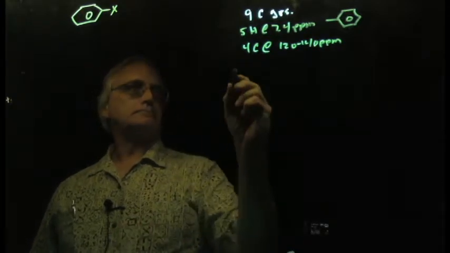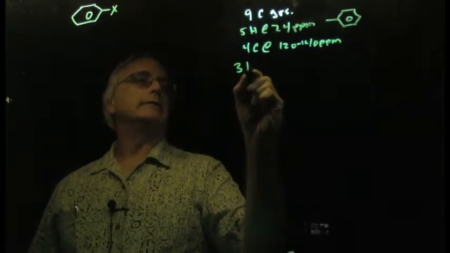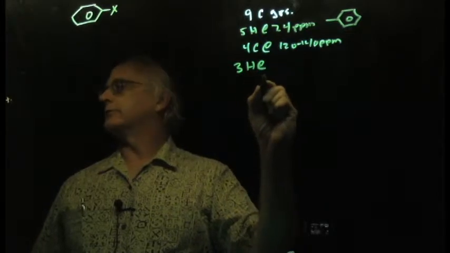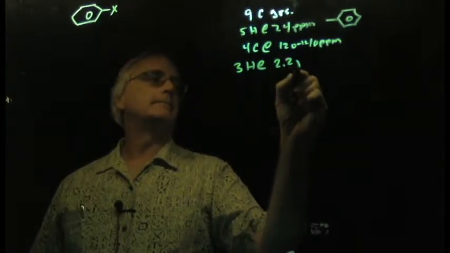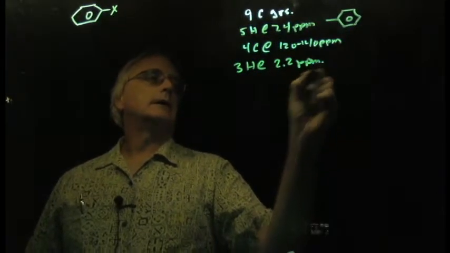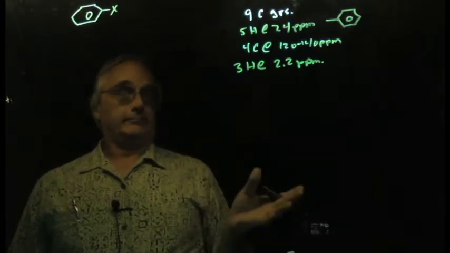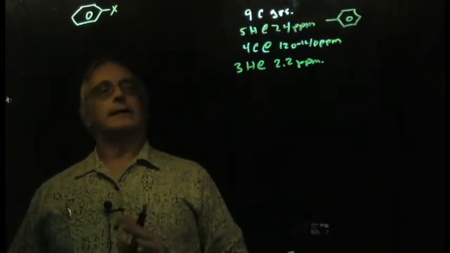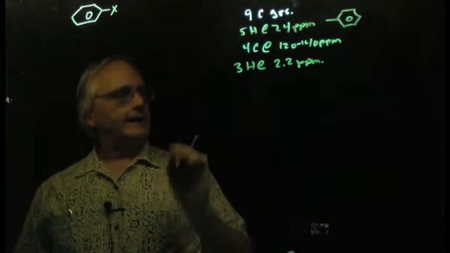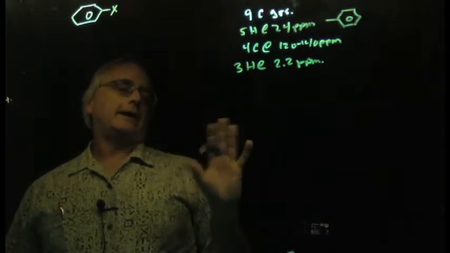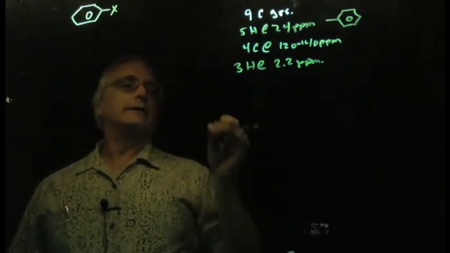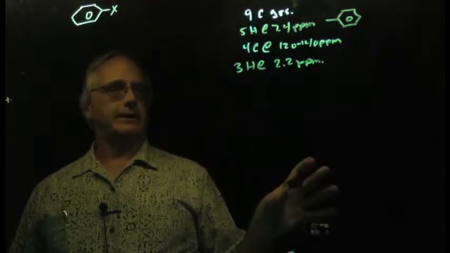Now we have a group of 3 hydrogens at about 2.2 ppm. Okay, 3 hydrogens, ding, methyl group likely at 2.2 ppm. Methyl groups tend to be somewhere in the neighborhood of 1 when they're at the end of a chain.